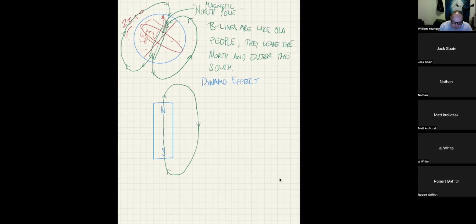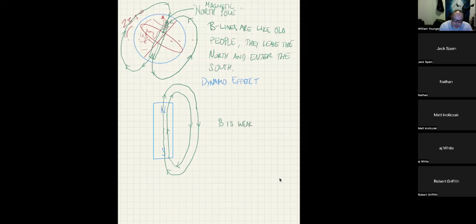And this one in here, for instance, would be like that. And they're actually supposed to get further apart the further out they are, because the density of the field lines, the number of field lines per unit area, is directly proportional to the strength. And B is actually weak out here.